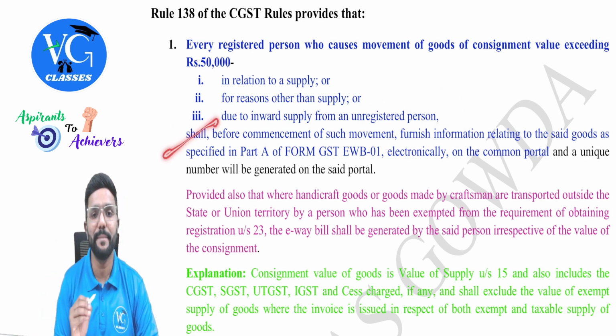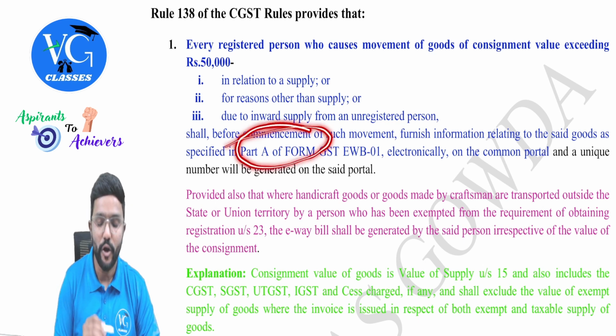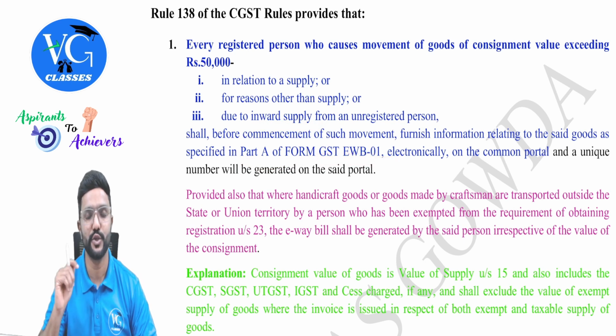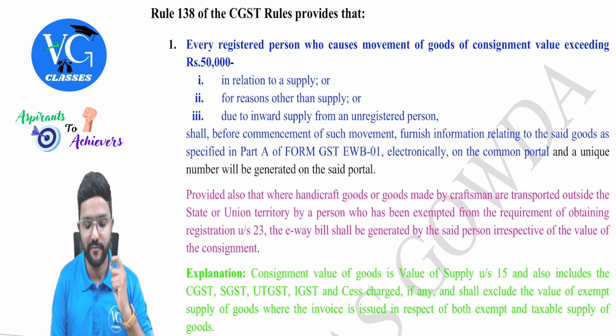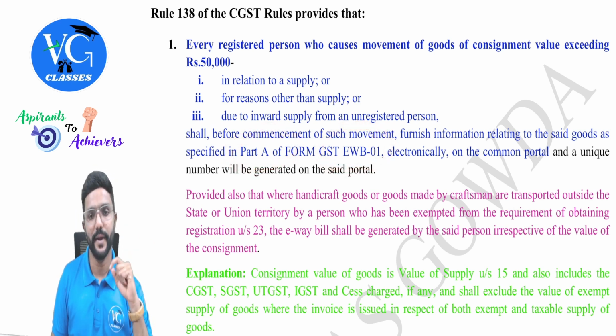Shall, before the commencement of such movement, furnish information relating to the said goods as specified in Part A of Form GST EWB-01. This is the form number, guys, to generate an e-way bill. So in this form, in Part A, we need to give goods details, electronically on the common portal, that is the GST portal, and a unique number will be generated on the said portal.